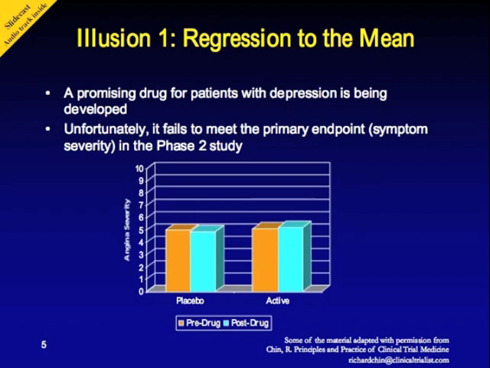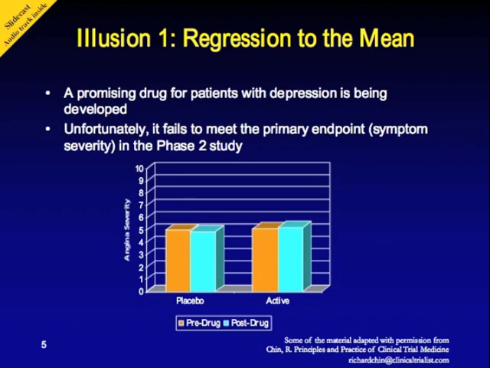And this is about averages. So let's say there's a drug that looks very promising, being developed for depression. It goes into phase 2, and unfortunately, as you can see on this slide, it fails to meet the primary endpoint. Doesn't improve the symptoms at all, no signal.